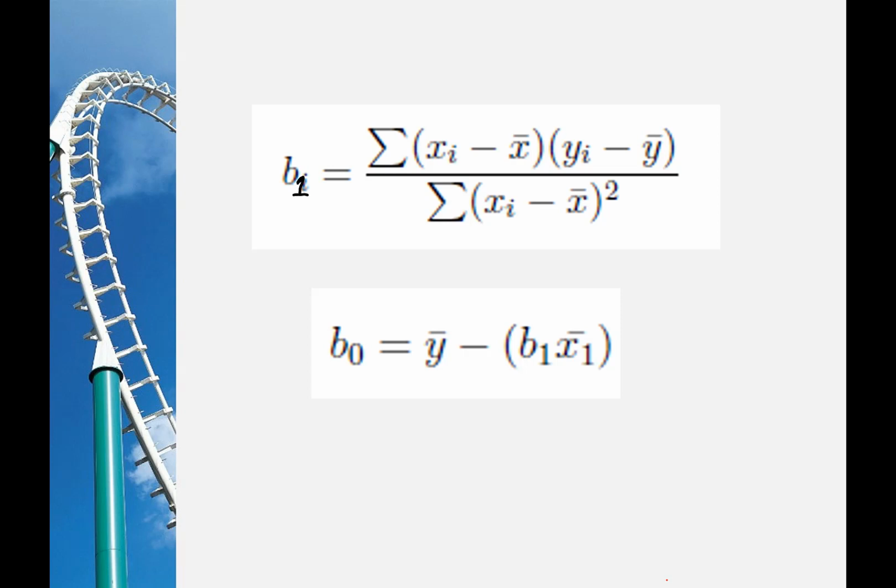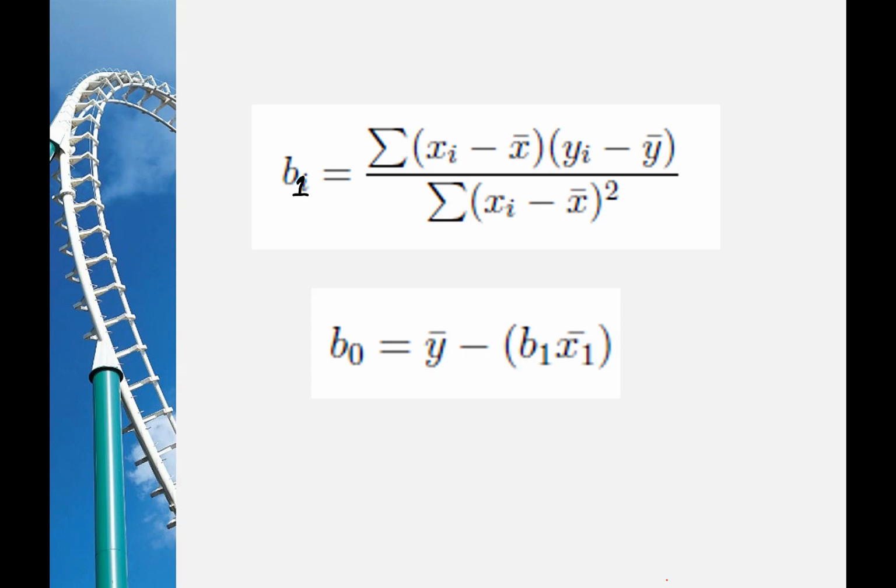We see summation signs, which means you're going to have a line in your notebook for every observation. So if you have 10 observations, you've got 10 lines that you're going to be working across, 10 rows. If you've got 64,000 observations, you've got 64,000 rows that you're going across.